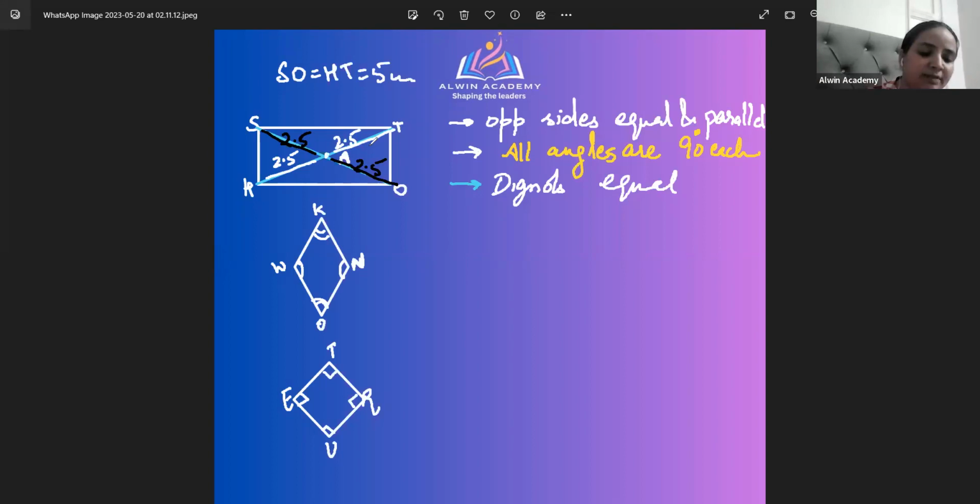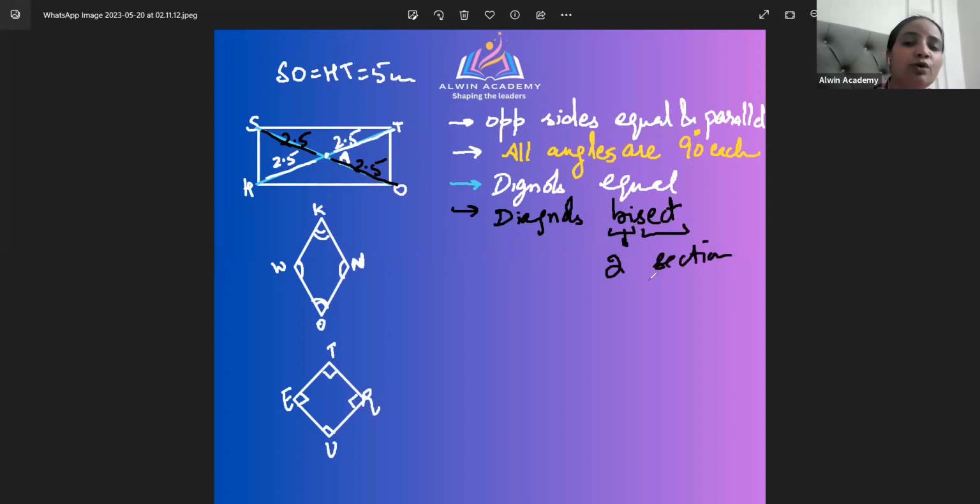Shall we move ahead now? Yes, ma'am. So diagonals are equal, right? One property I forgot to write is that diagonals are bisecting also. Diagonals bisect. The word bisect means, bi means two, and sect means sections.